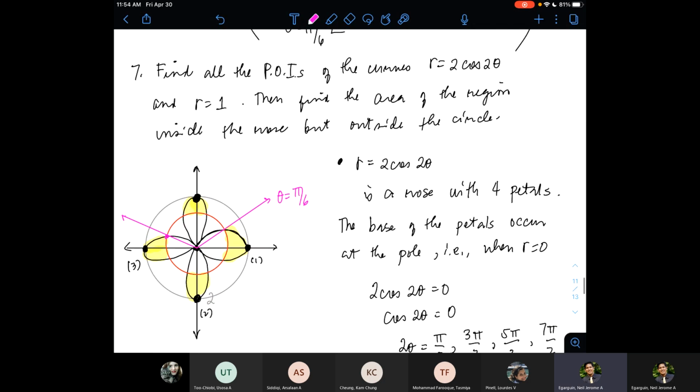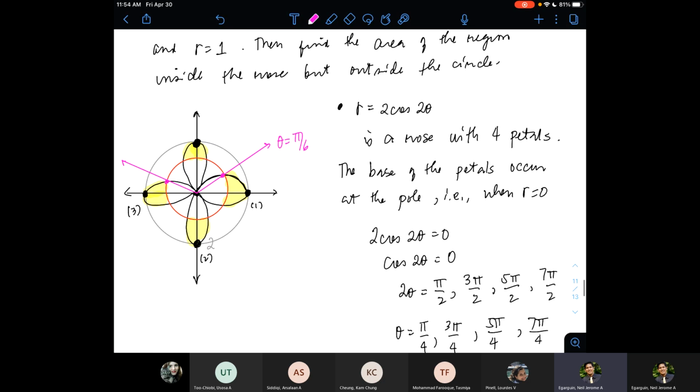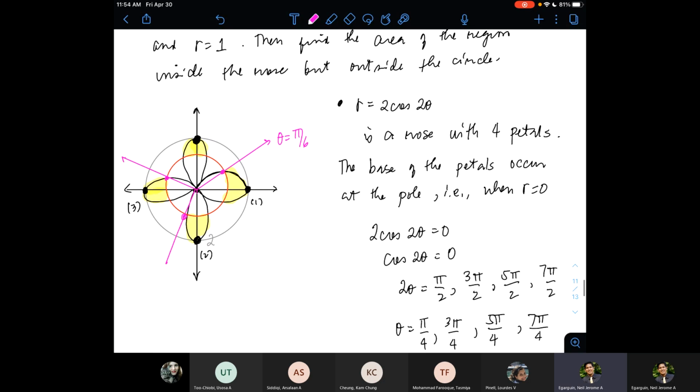Because I'll just be getting this, getting this, getting this, and getting this. Oh, sorry, I won't get this. Yeah, why am I not getting the other 4 points of intersection?